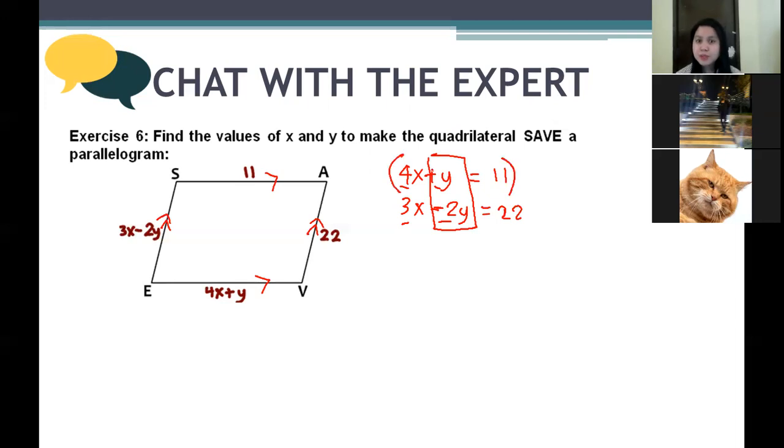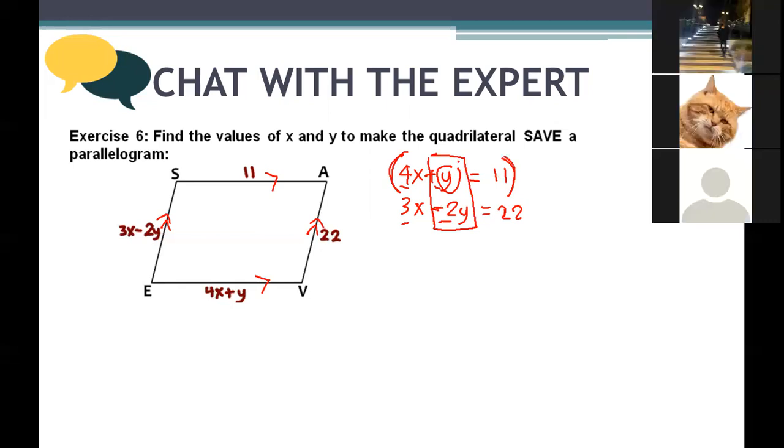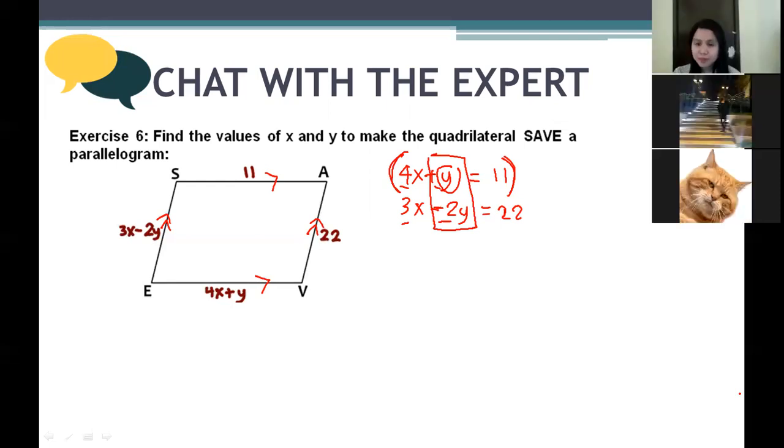So how will you make y into 2y? We multiply all by 2.